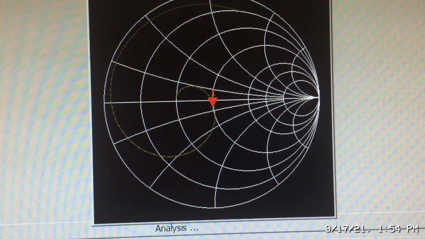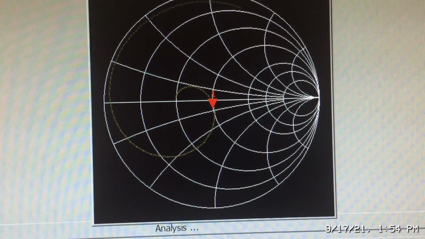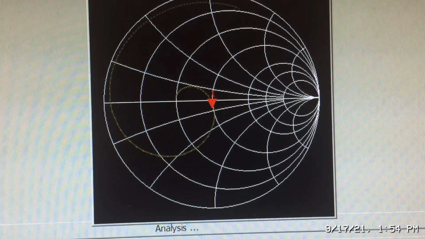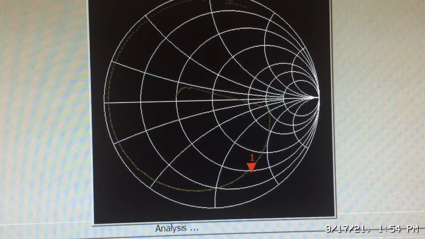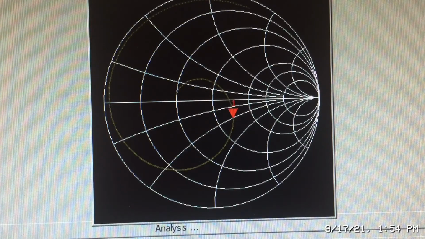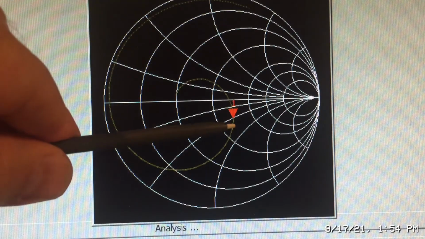That looks pretty good. Okay, now if we change the inductive reactance, we're also going to see the center line move. And we're now moving below the center line.